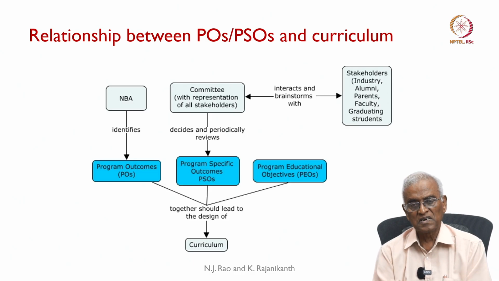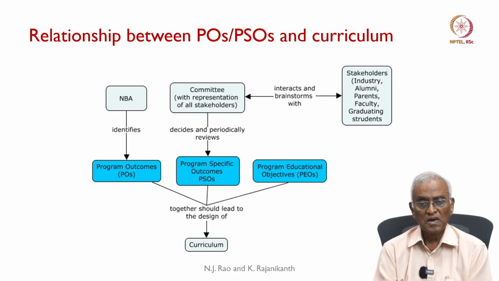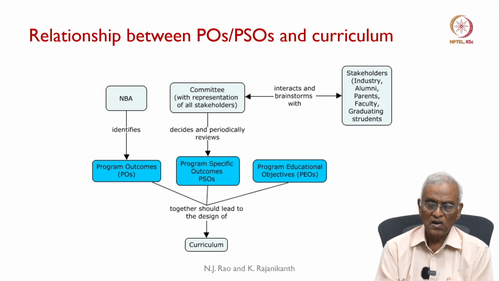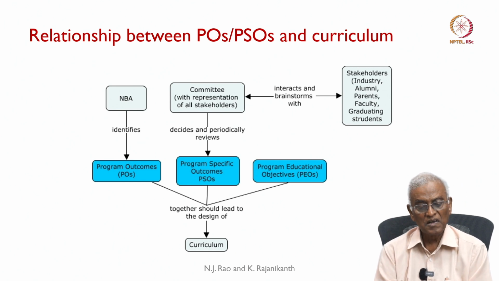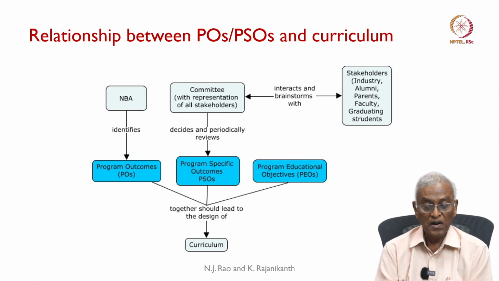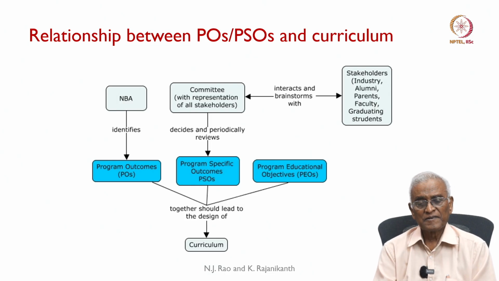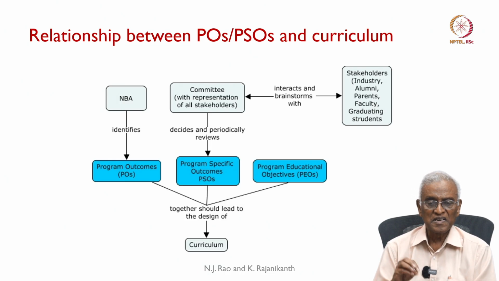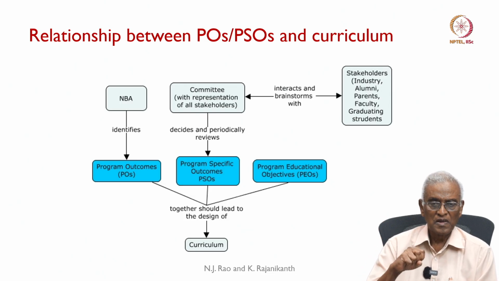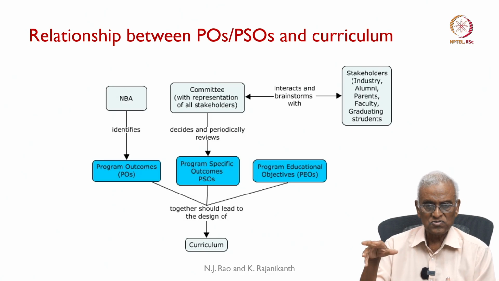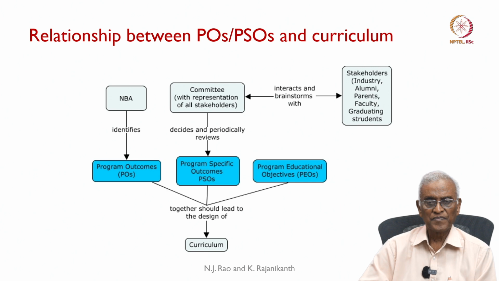So the committee that we talked about to decide PEOs can also serve the purpose of writing PSOs. And all the three together should lead to the design of the curriculum. Over a long period, we had the practice of people deciding the individual courses and calling the collection of courses a program. Now it has to come from the top. POs, PSOs and PEOs together should decide the curriculum, not the other way around.